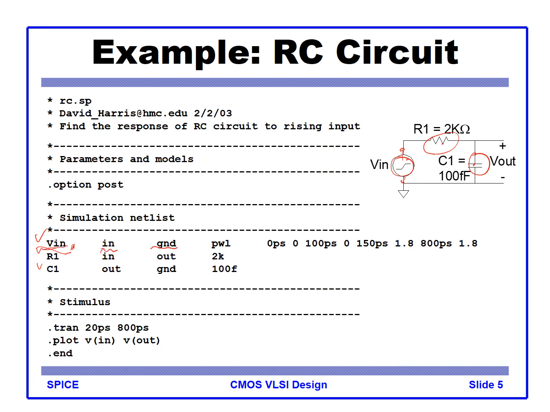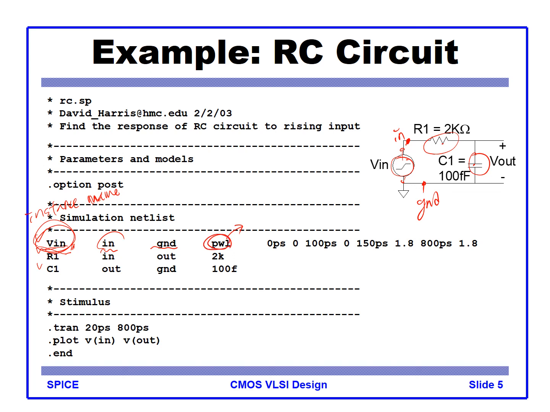So in is the name of the net, and GND is the name of a net here. PWL. In input and output, this is the instance name, and this is the module, the sub-circuit name.